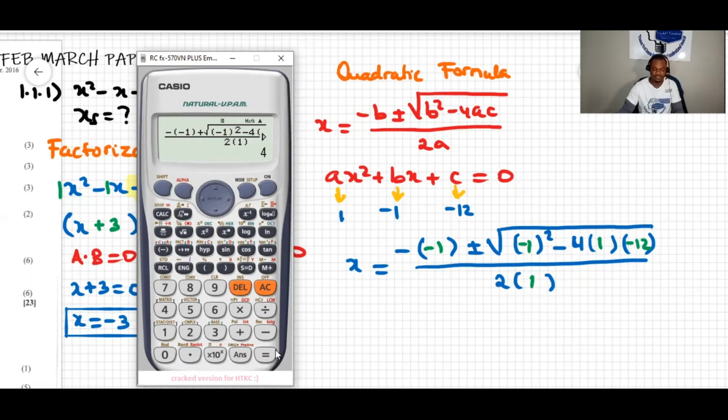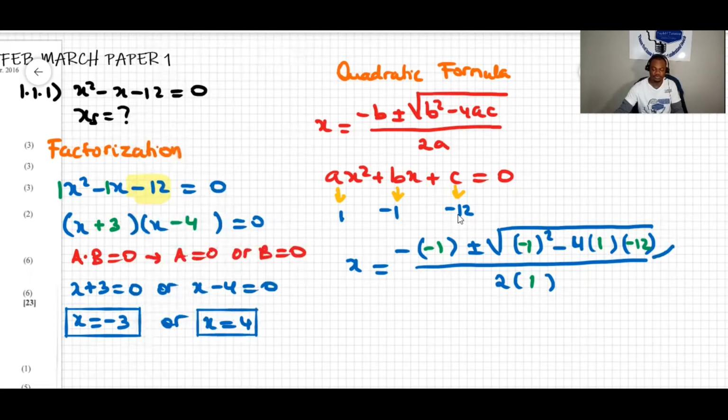When you press equal, we have two solutions. The first solution is with the positive: x is equal to 4. With the positive, that's the 4 we have here.